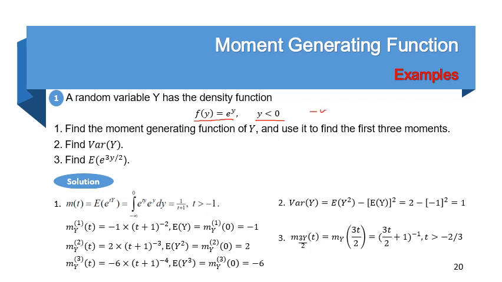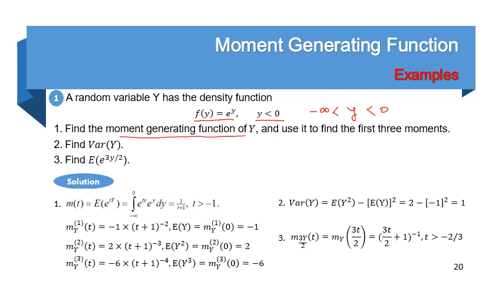The minimum point for your variable y is minus infinity. Your y is greater than minus infinity and less than the 0 point. Okay, so this is the integration range we will use when we need to integrate. Now he asks us to get the moment generating function for the variable y.